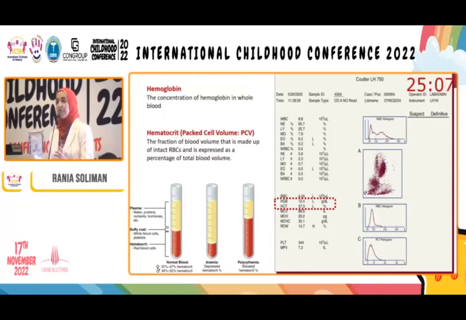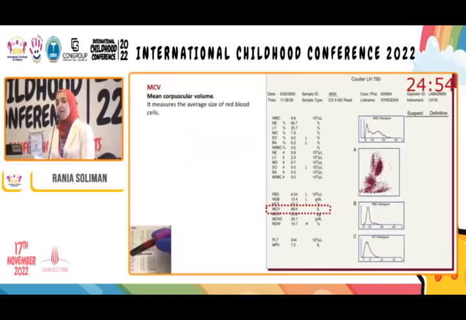This is the hematocrit. So when this number is decreased, it refers to anemia, and when it is increased, it refers to polycythemia.